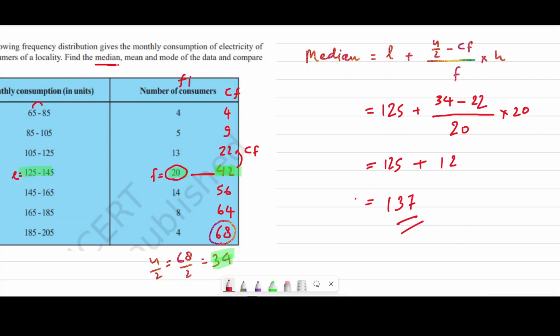Now we have information about the median. Now we will have to find out the value of the mode. Then what will be the mode? Mode will be the maximum frequency. Maximum frequency.